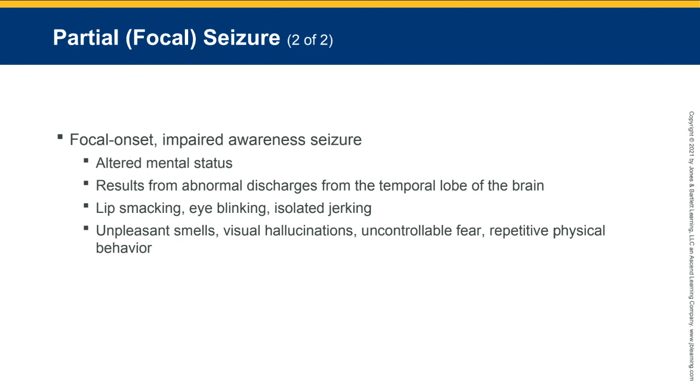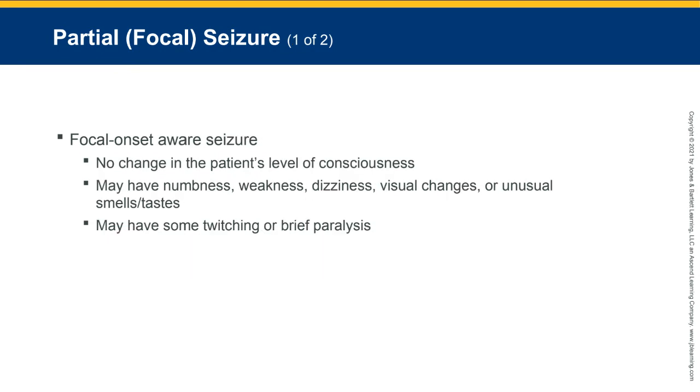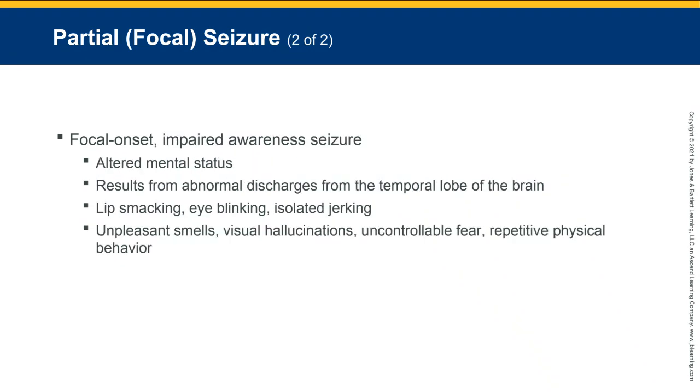Now, still on the focal seizure, they can have a focal onset with impaired awareness seizure. It's still a focal seizure. However, the difference between this one and the aware seizure is that the aware seizure patient still has a level of consciousness. They can understand that something is happening, but they can't control it.